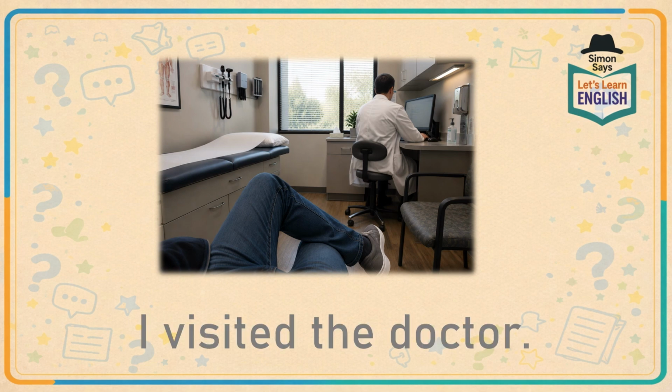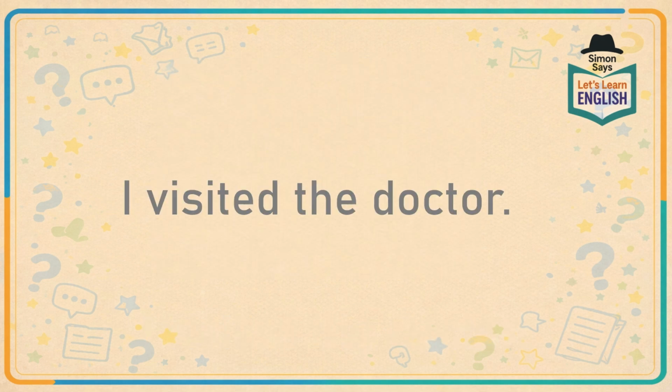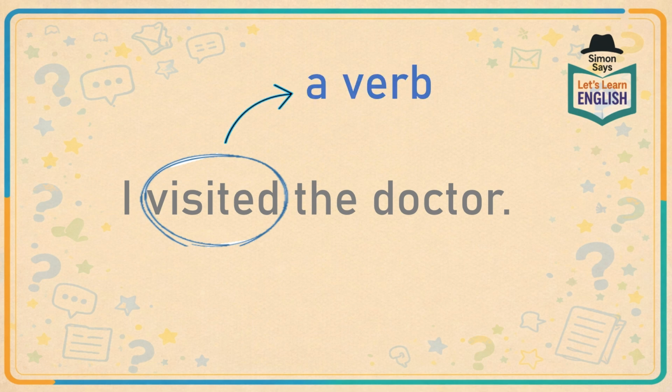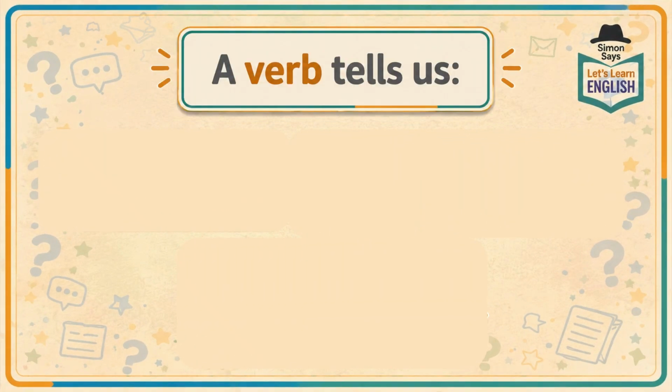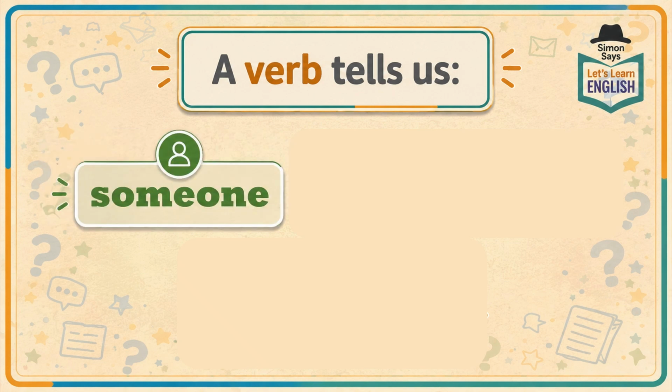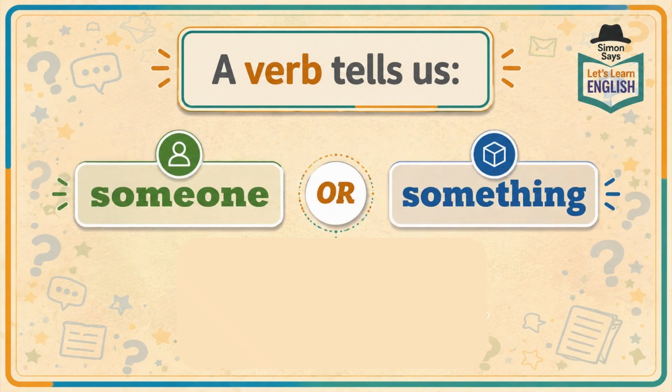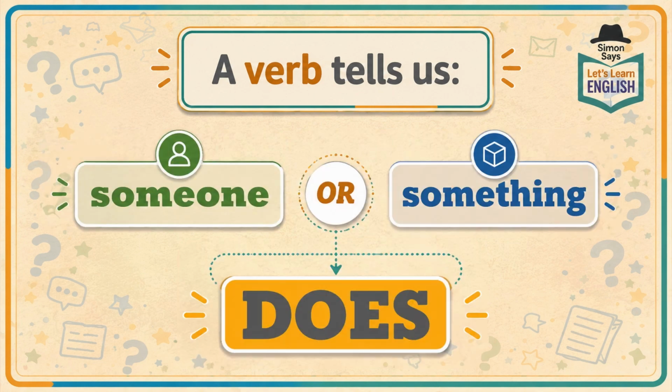I visited the doctor. Now, in this example, the word visited tells us what I did. It is therefore a verb. So, a verb tells us what someone or something does.